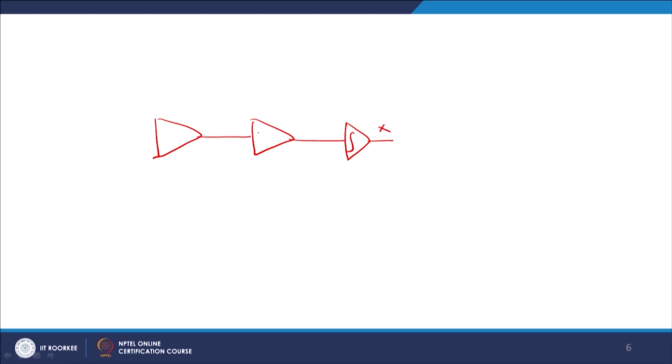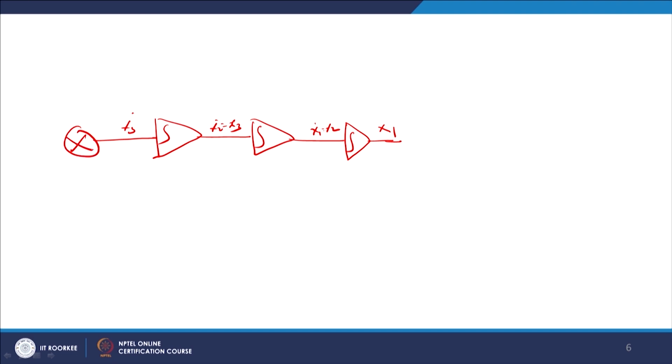Here x1 is one variable. So how did we get x1? That is the integration of x1 dot. So we write this as x2, then here x2 dot equals x3, and there we write this as x3 dot.